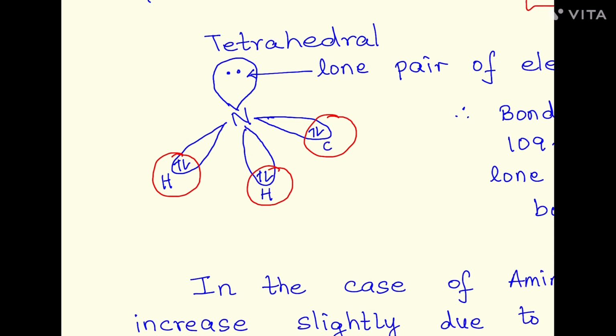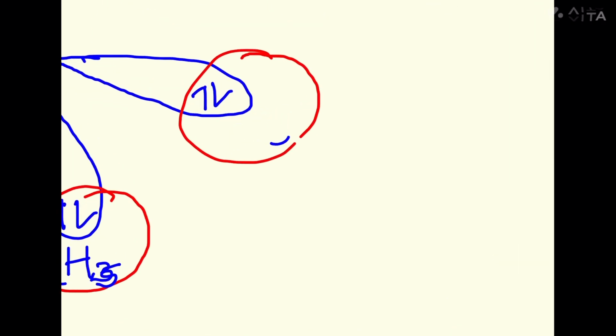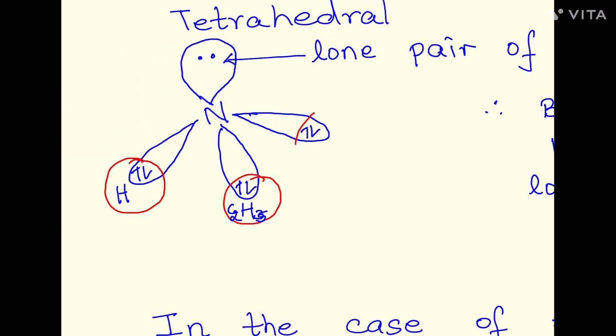So for example, I could have a CH3 group, in which case this is carbon. Let me try and expand it and show it to you. So here it is CH3. Now if it was a secondary amine, there's another CH3, or it could even be a C2H5. Now if I expand it, what will the structure now be? It would be nitrogen overlapping with a carbon, which in turn is bonded to 3 other hydrogen atoms.